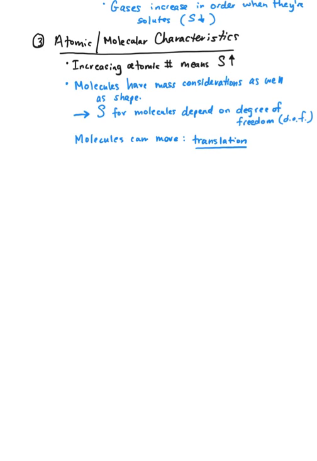So a molecule moves from here over here. It has translated. Molecules, because they are created from bonds, have vibrations. So molecules can vibrate bonds. And molecules' bonds can rotate.